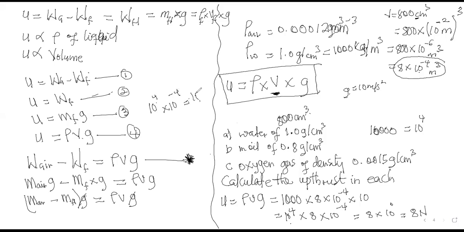This is equal to 10 to the power 4 minus 4. And that is 10 to the power 0. 10 to the power 0 is equal to 1. So that's how come I got 8 Newton. Are we okay? So, as I said, relax. Let's go through our evaluation. We'll be answering sample questions. I'll give you the other side of this same thing and you'll be smiling, okay?